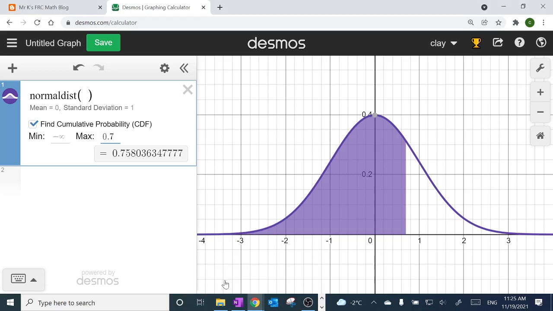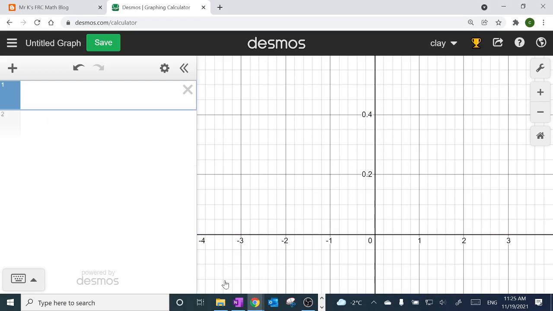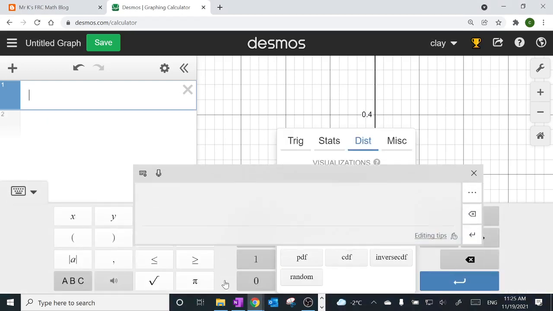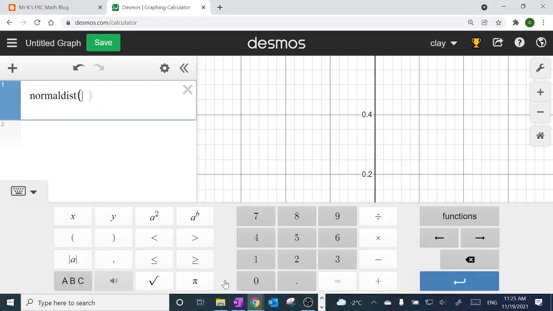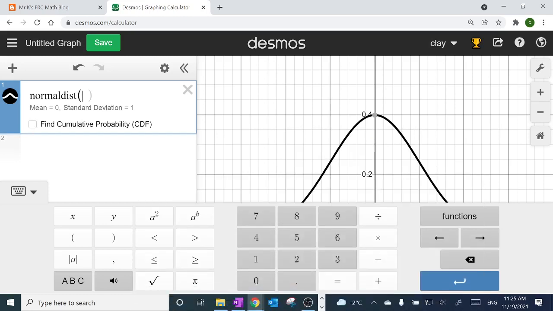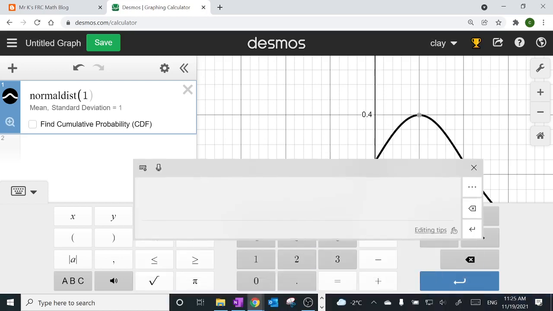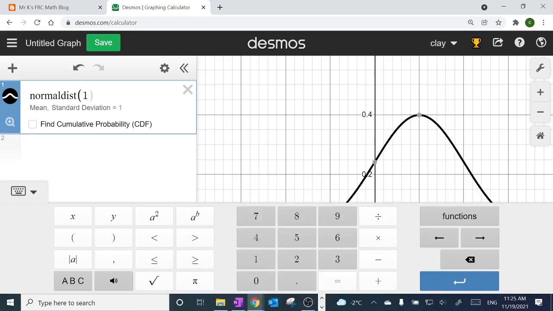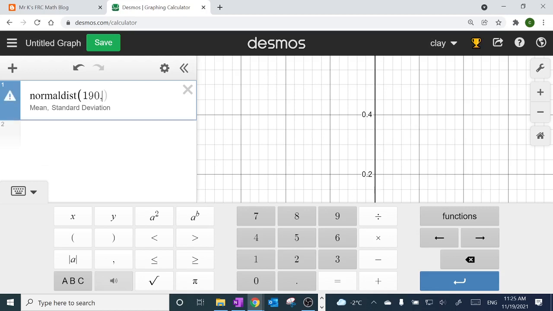So let's just redo that. So go to normal distribution, and I change this now to, let's see, for Madeline, looking back at the notes, her mean was 190, I'll just type 190, comma, and her standard deviation was 8.